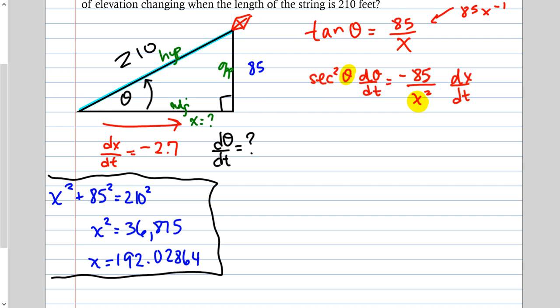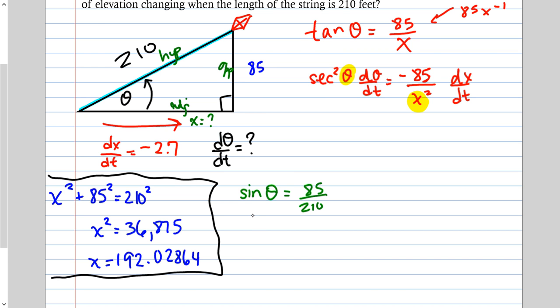What information did I have? Because who's to say that you found x first? Even though we did. For the angle, I had the opposite and I have the hypotenuse. Well, that's sine. So sine of theta is the opposite over the hypotenuse.